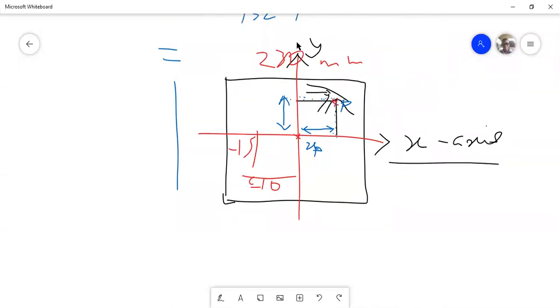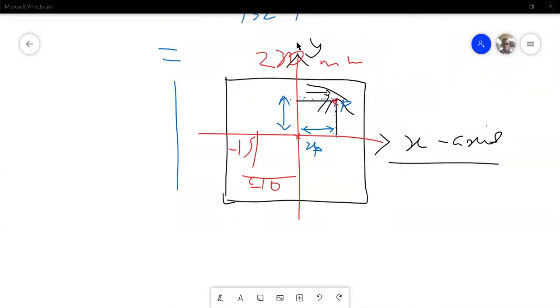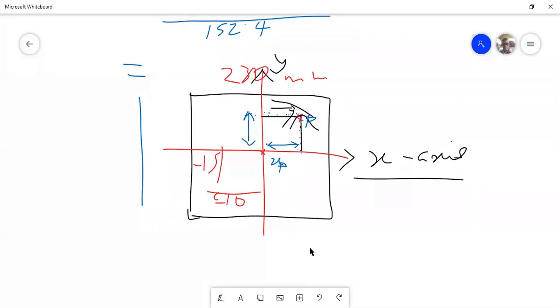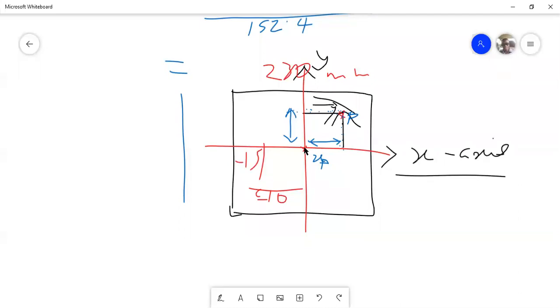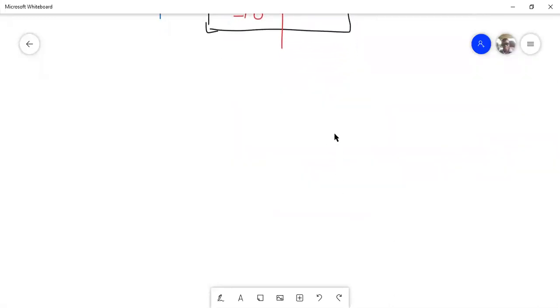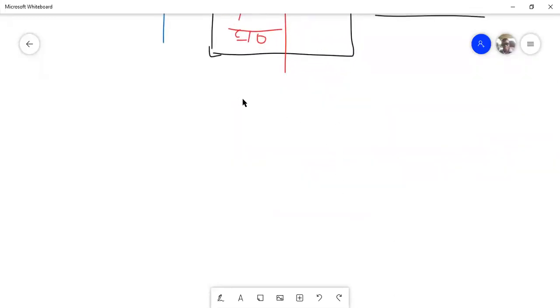I'm going to show you my whiteboard. Can you see my whiteboard? In this diagram, the principal point is the center, the intersection of the y-axis and the x-axis. The center. Are we good? Great. So let me do this. I hope it works.